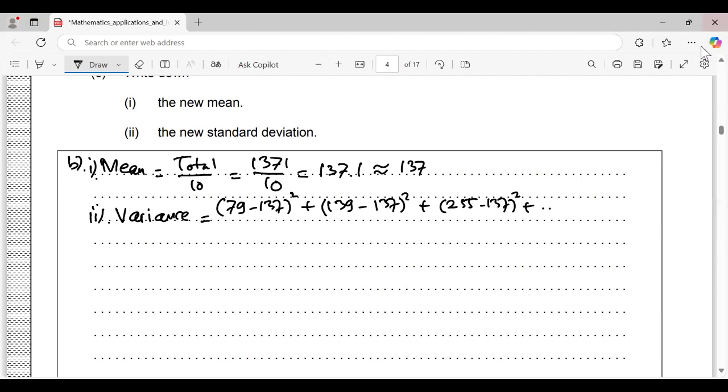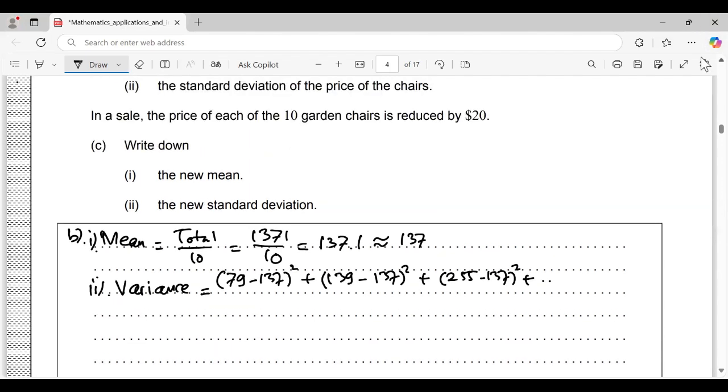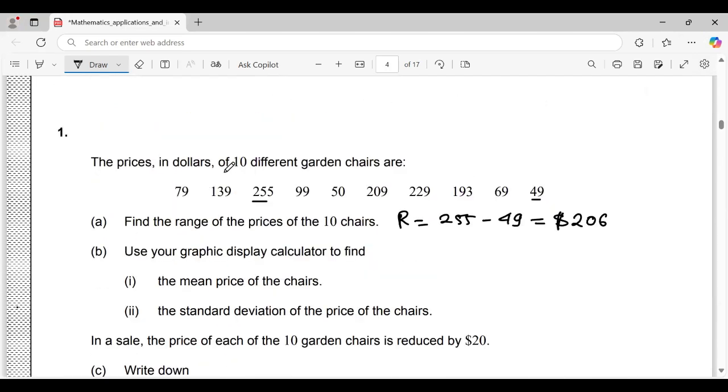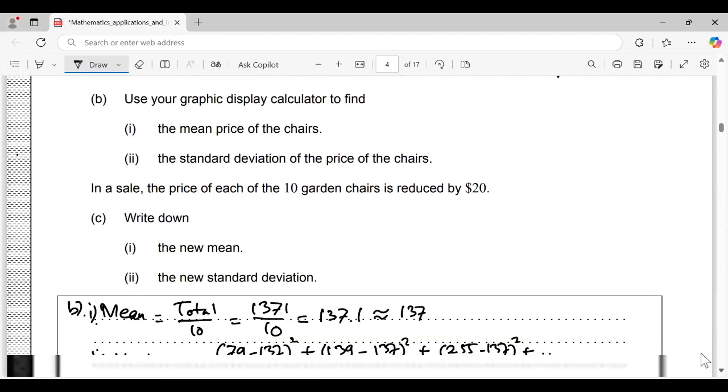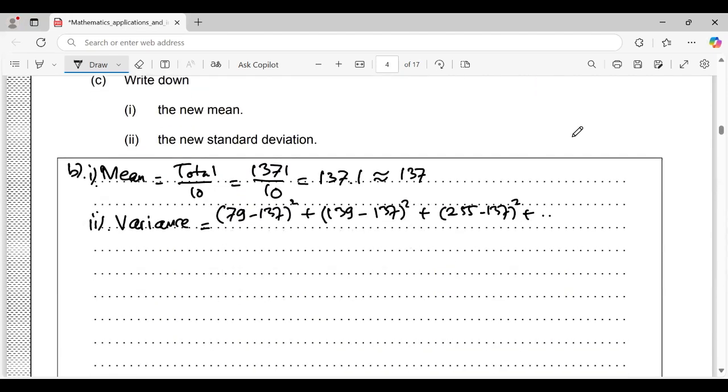I'm going to show you the data: 79, 139, 255, and so on until 49, minus 137 squared, over 10.